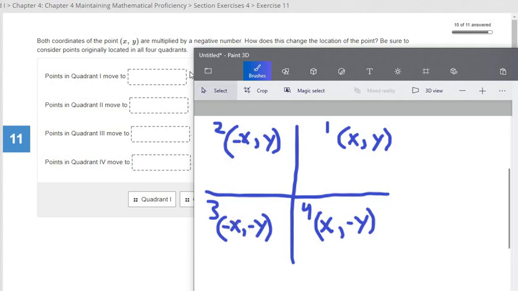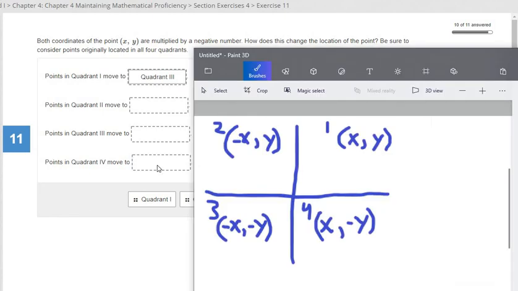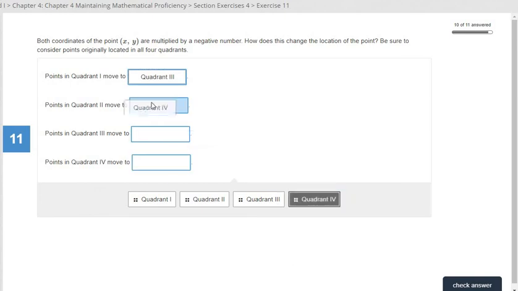So if we multiply by a negative number, these will both become negative. So these will become negative x and negative y, which means it will move from quadrant 1 to quadrant 3. If it's in quadrant 2, it will then make it a positive x, negative y, and positive x, negative y is quadrant 4.